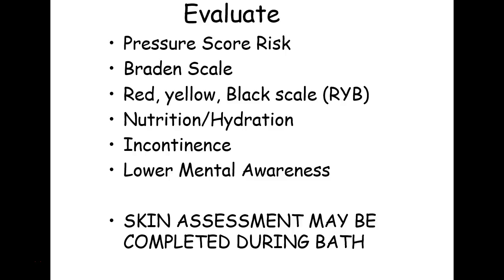The Braden scale looks at things like sensory perception, moisture, activity, mobility, nutrition, and friction and shear, to see if that person is at high risk. We look at the skin, and we look at red, yellow, and black. That's another evaluation tool, the pressure score risk. So there are several different scoring techniques. Braden is one of the most widely used, however.